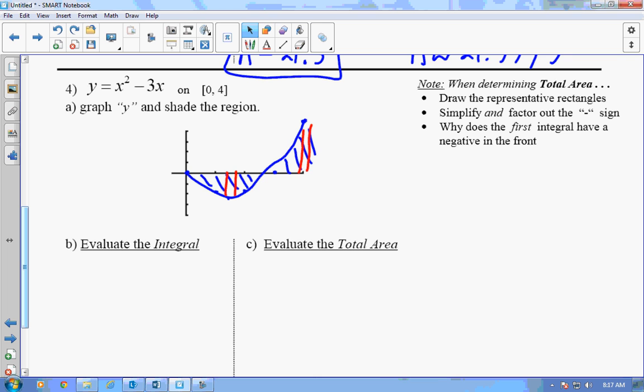So show us your setup and your work for B on evaluating the integral. Show me how you would tell the AP test grader that you put it in your calculator.